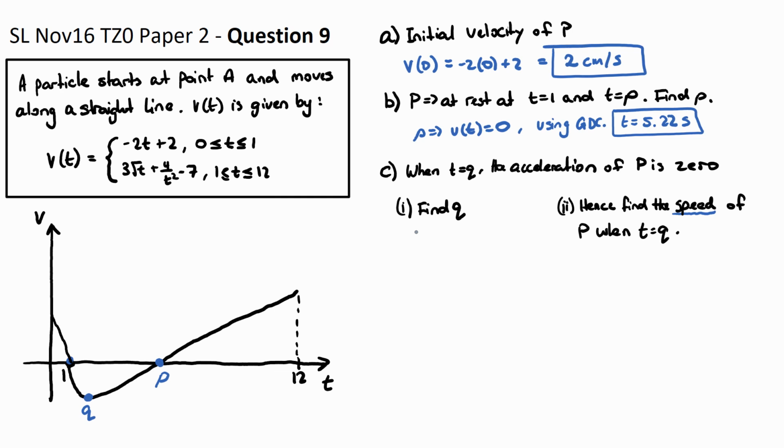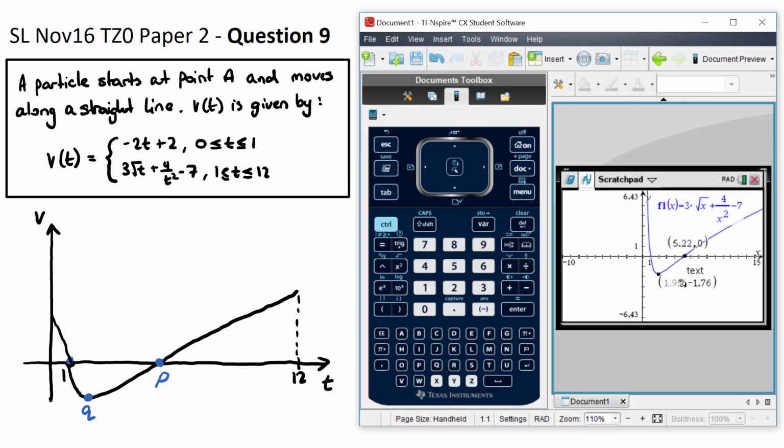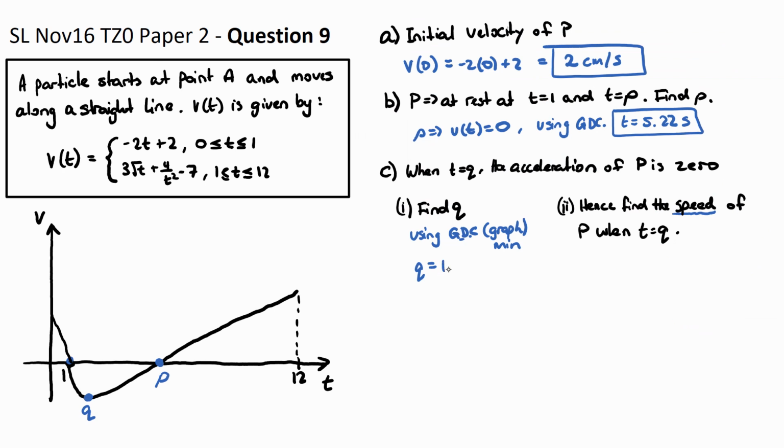Using the GDC, our graphics display calculator, I graphed it and graphed the min. q is equal to 1.95 seconds.